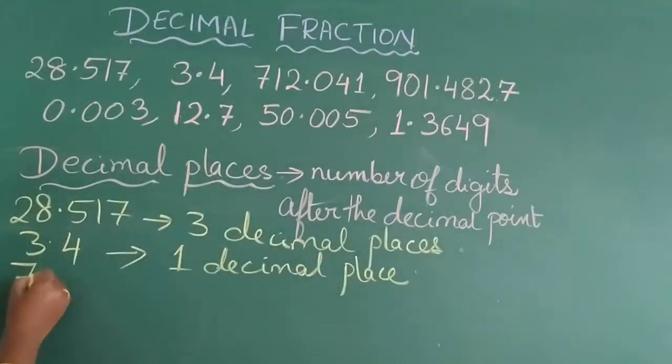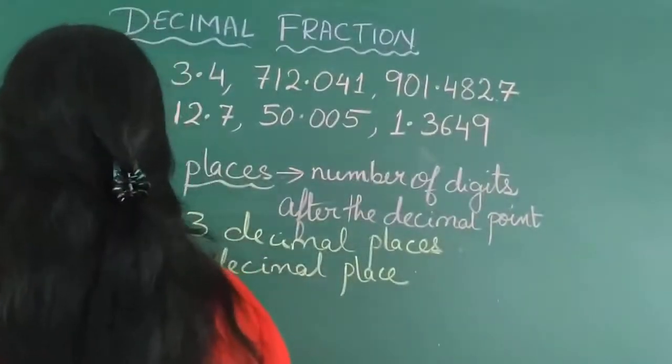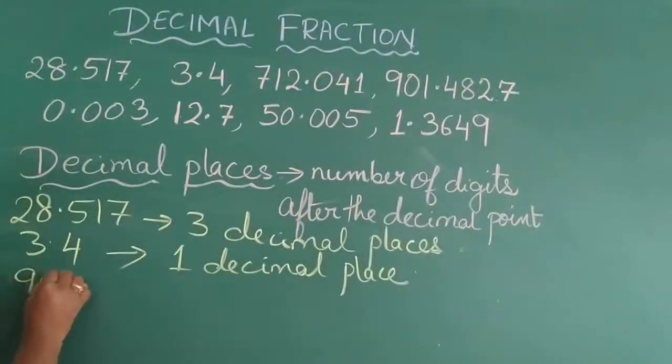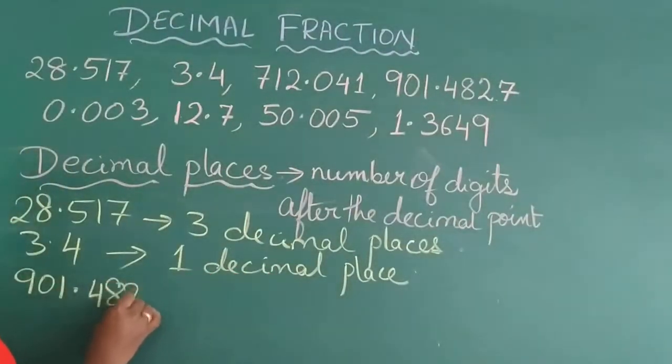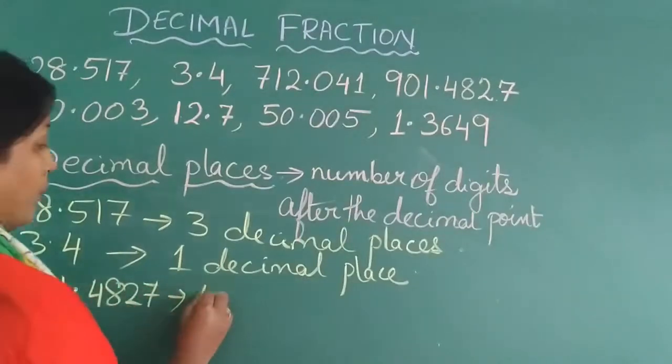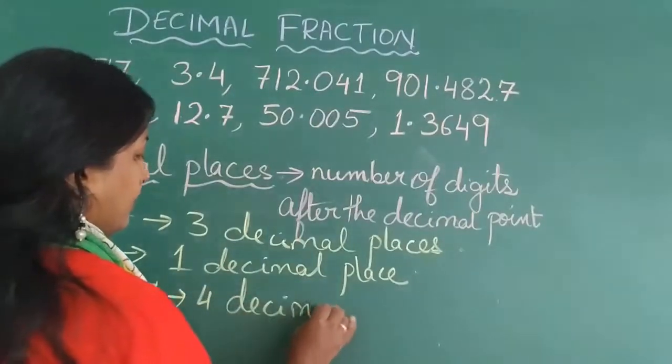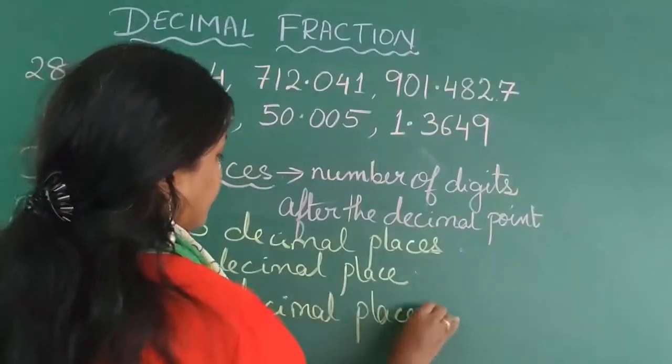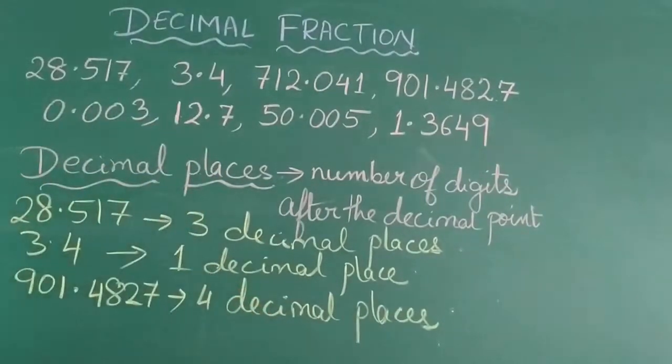Now let me take this example, 901.4827, we have 4 decimal places. So, I hope you could understand what is decimal places. One more important thing to remember, children, is the decimal part is never called with the place values. They are called as individual digits. Say for example, when I call 28 means this is in the tens place.